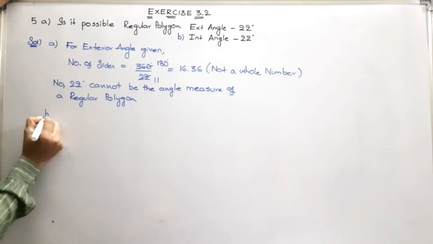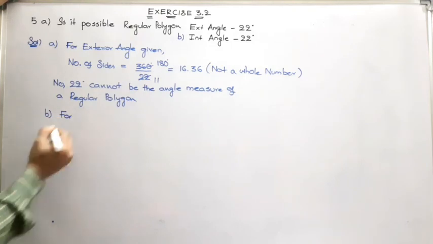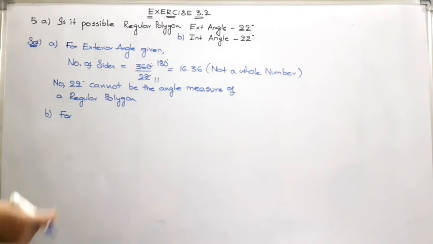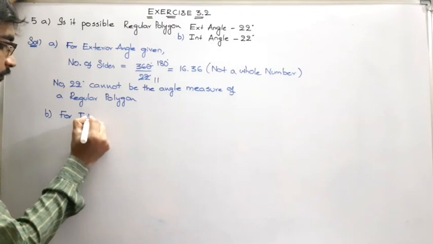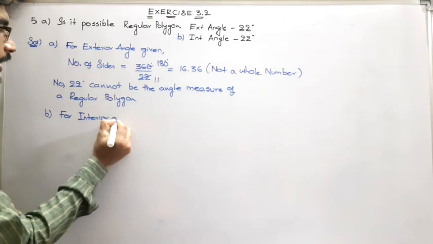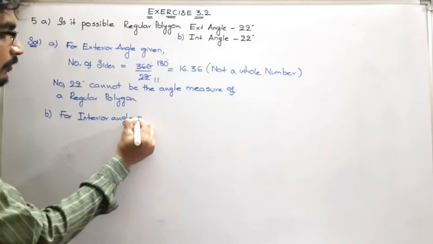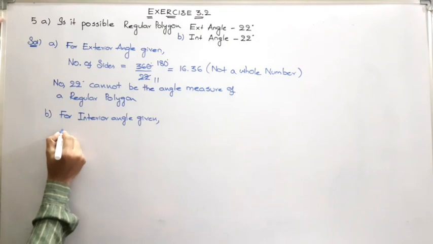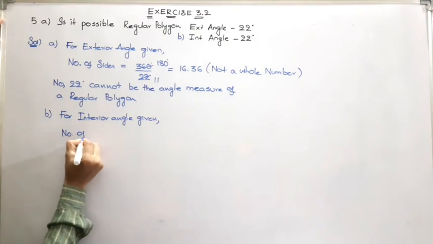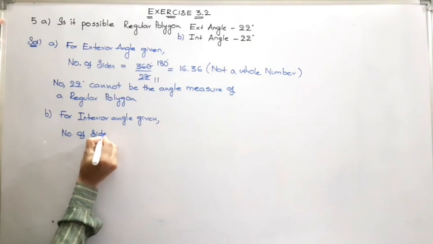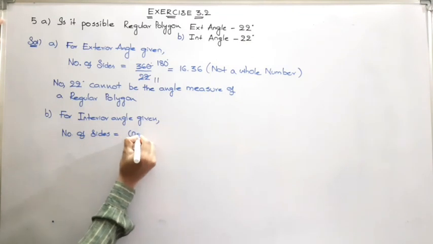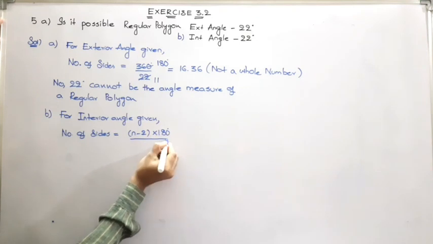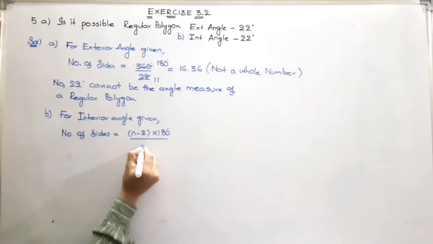Now look, what is B? Can it be an interior angle of a regular polygon? For the given interior angle, no problem. The number of sides will be equal to n minus 2 into 180 degrees by the measure of each interior angle, that is again 22.